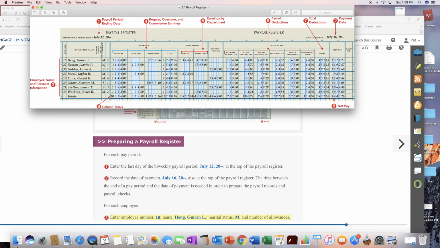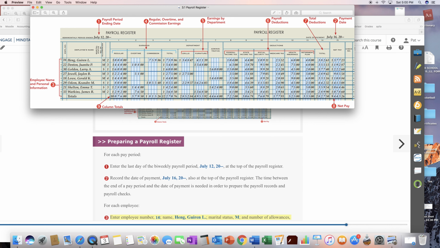It has their marital status and their allowances they record for tax purposes when we figure out the federal income tax. There's a section of earnings here, which has regular earnings, a 40-hour work week, or less than that, I guess. Your overtime earnings, if they worked over 40, what that calculated to, and then commissions for some that earned commissions.